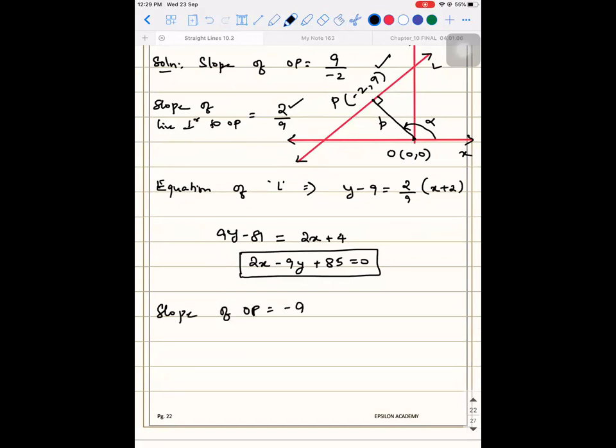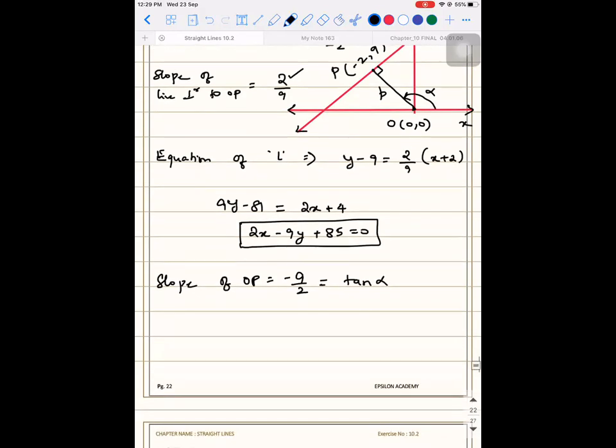That is minus 9 by 2, which is nothing but tan alpha. When tan alpha is 9 by 2, I'll draw a right angle triangle. If this is alpha, this is 9, this is 2, then the hypotenuse will be root of 85.